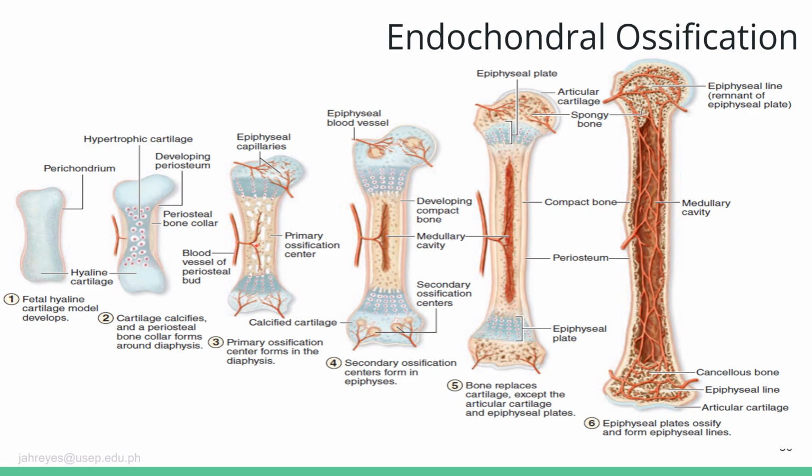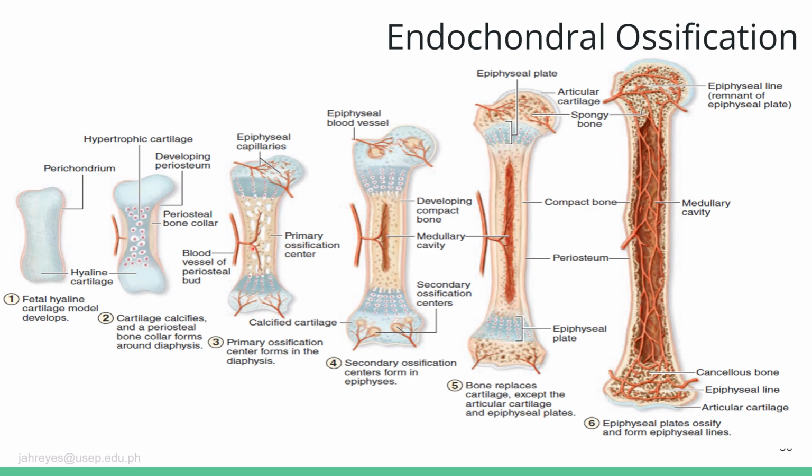So this calcified cartilage matrix will cause apoptosis of the chondrocytes, and there will be more breakdown of the cartilage matrix. And while that is happening, the bony collar will appear to be more vascularized here.